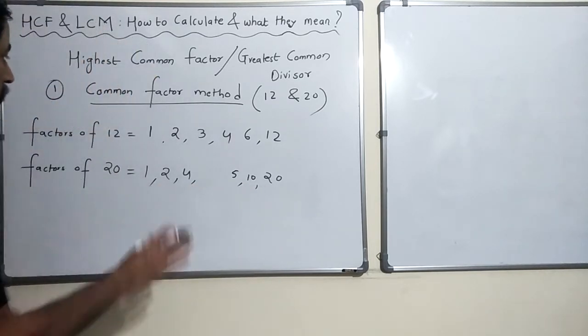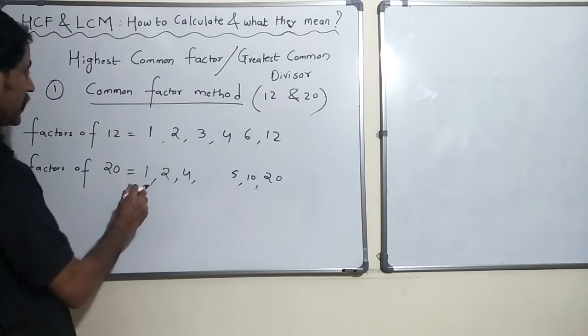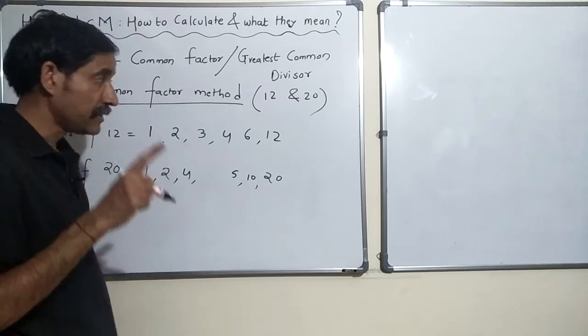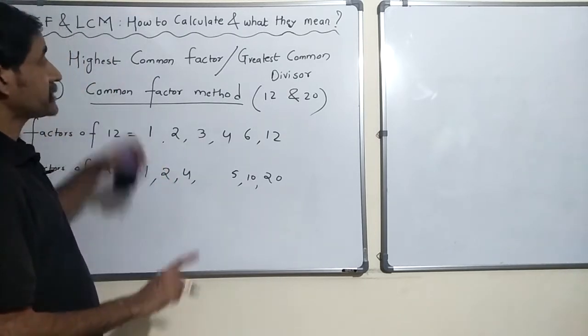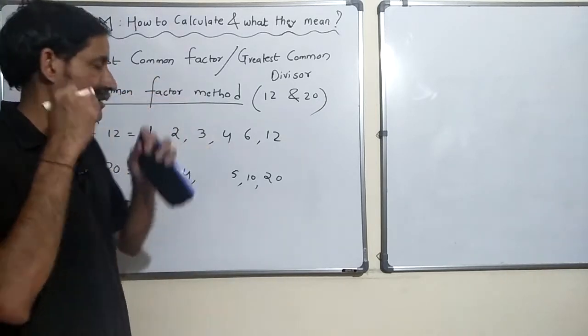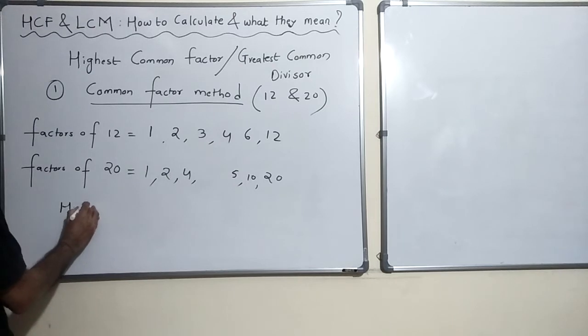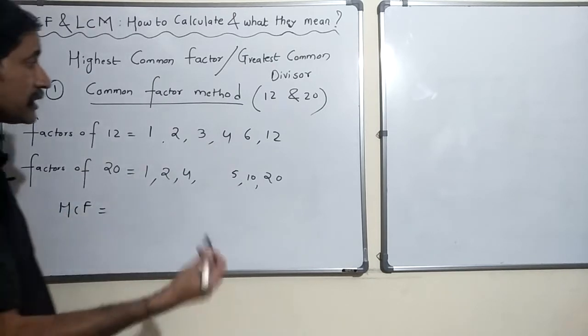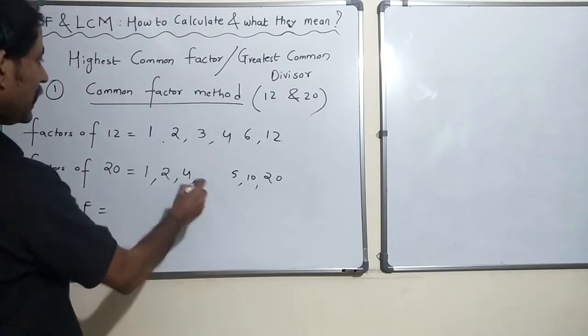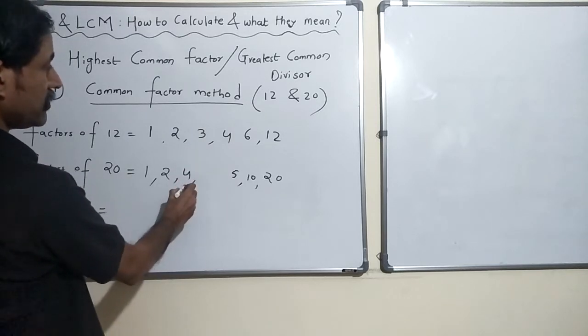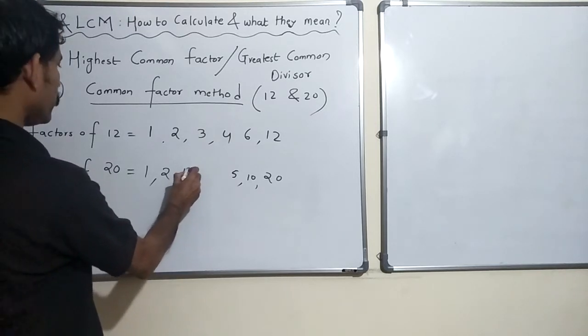Now, there may be many common factors, okay, but we want to find out the factor which is the highest, as the name suggests, highest common factor. Alright. So, HCF in this case would be what? Can I say 12? Can I say 4? I beg your pardon. Can I say 4?